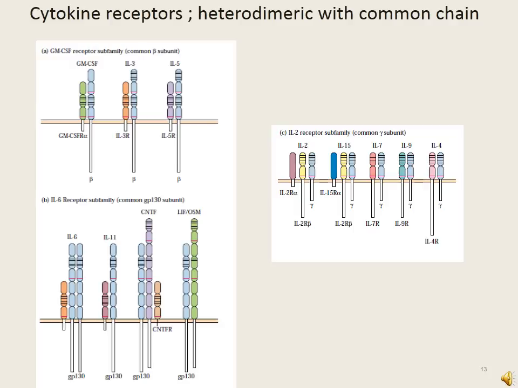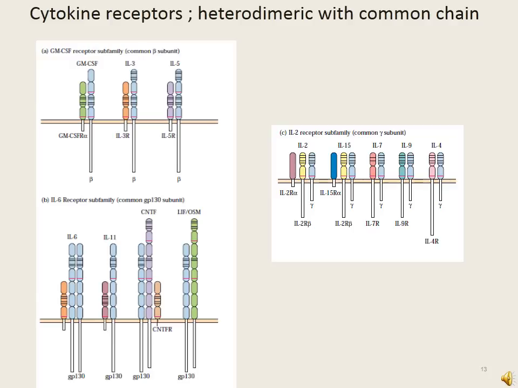For the lower part, that is the IL-6 receptor subfamily, which is composed of the common GP130 subunit. Starting from the left hand side, that is the receptor for IL-6. You see the GP130, right? And then the receptor for IL-11 is composed of GP130 as well. For the right hand side, that is the interleukin-2 receptor subfamily, which is composed of the common gamma subunit.